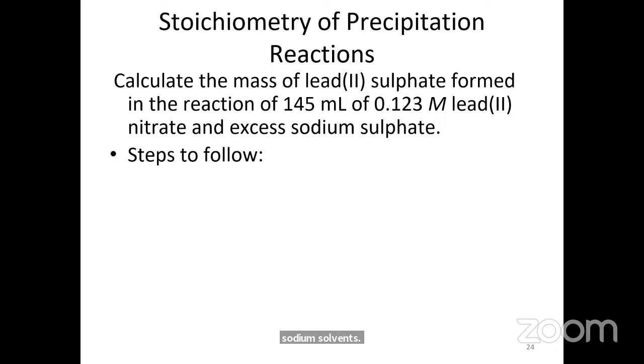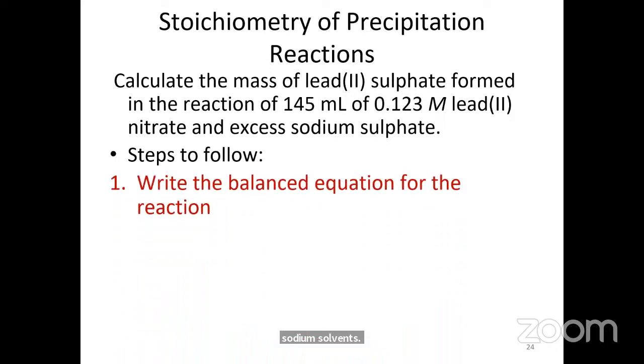These are the steps we need to follow. One, we write the balanced equation for the reaction. Already in the previous class, we have been taught by Dr. Fatunsi how to write a balanced equation. The beauty of any reaction is to see what happens between the reactants to form the product, and that we can easily see when we write a balanced equation.